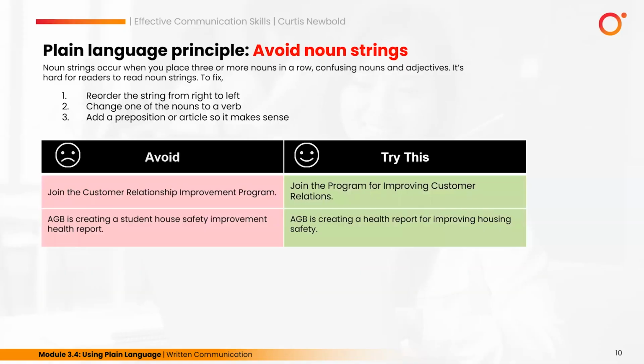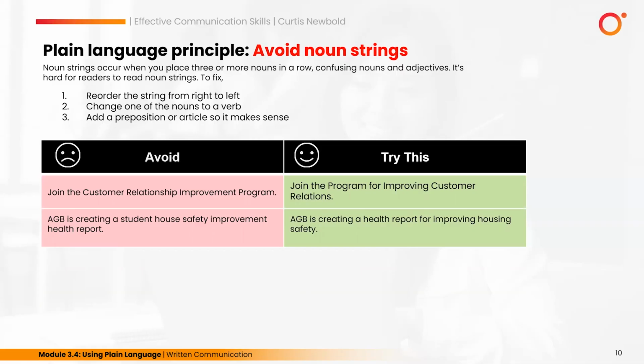So there on the left, avoid. Join the Customer Relationship Improvement Program. You'll notice we have four nouns right in a row. Customer Relationship Improvement Program. When you start adding many nouns back to back, it starts to get a little bit harder to follow and understand. So even though the one on the right does actually add a couple of words, it's a lot easier to understand.